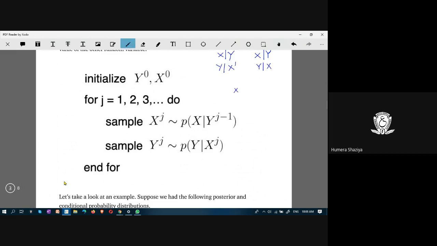If you are generating x1, then it would be x conditioned on y naught. X2 will be x conditioned on y1, and yj is sampled by y conditioned on xj. Whatever the value of j, y conditioned on x naught, y conditioned on x1, like this.